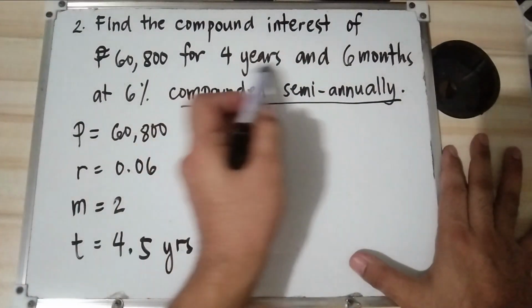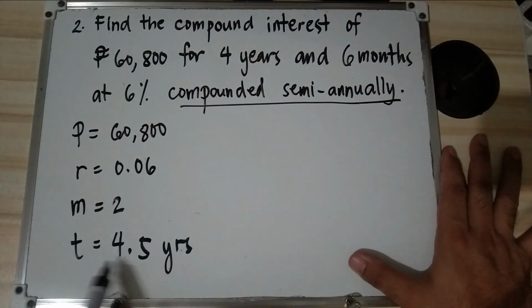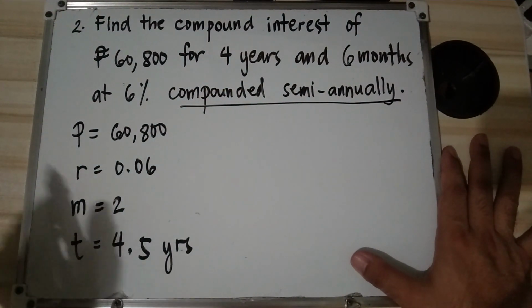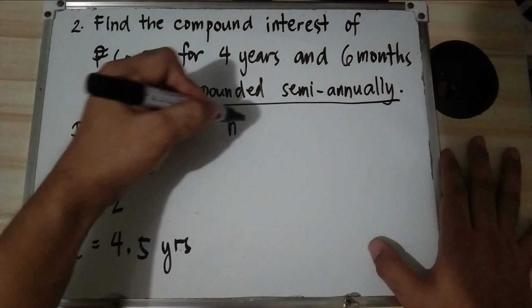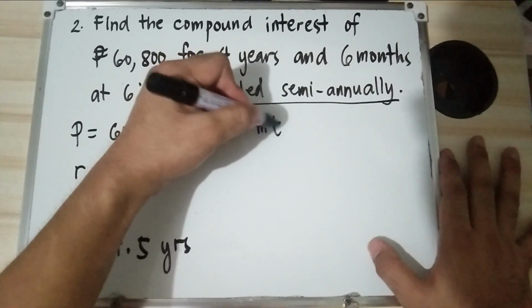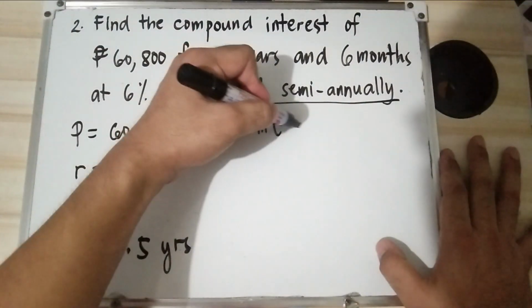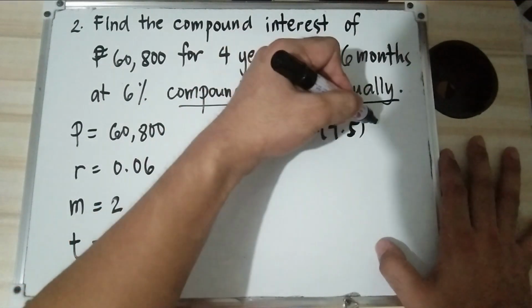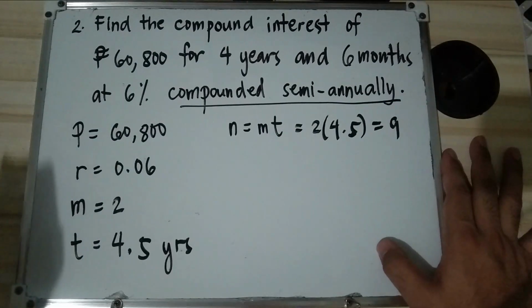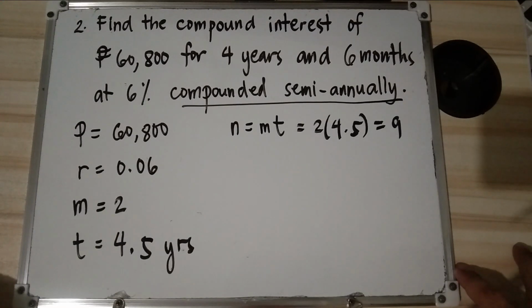And yung N naman, which is M times T, we have 2 times 4.5 is 9. Okay? So, kompleto na yung given natin para sa formula ng future value or maturity value.